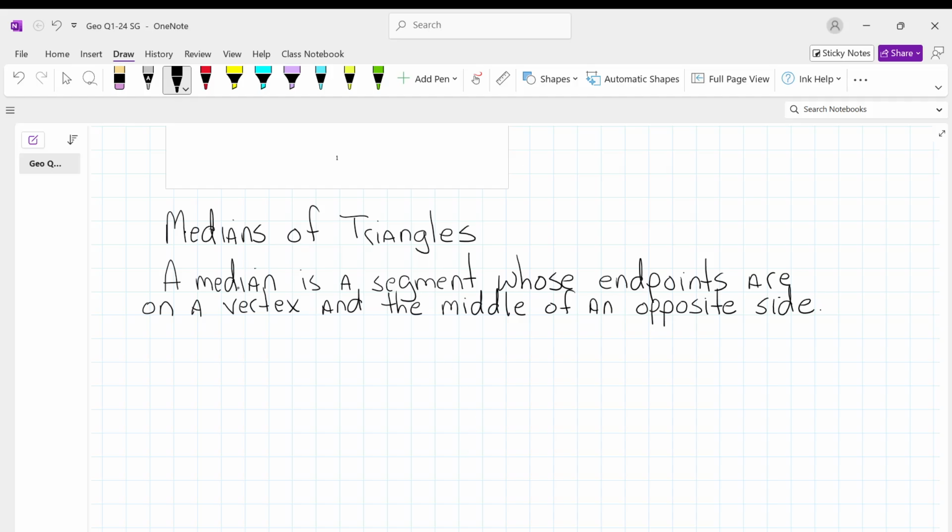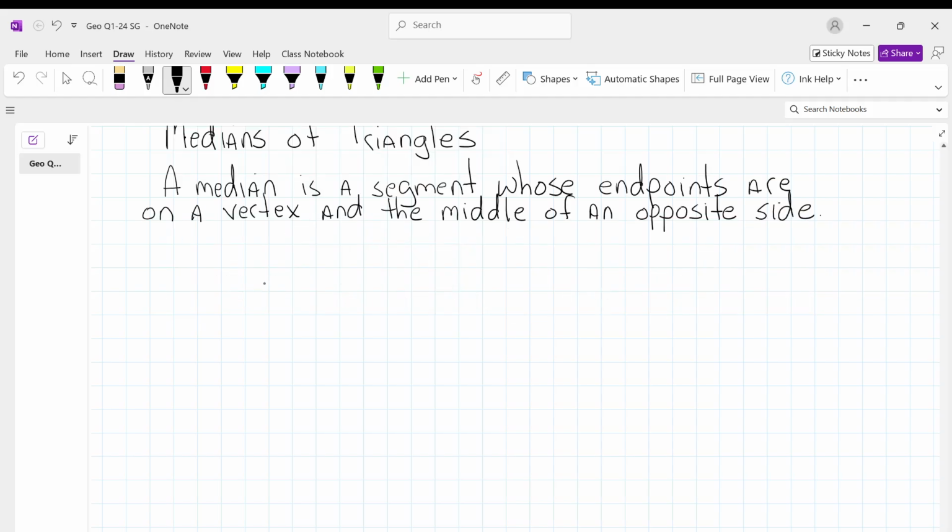So a median of a triangle is a segment. It sits on a vertex and the middle of an opposite side. So if we draw a triangle and label it ABC, and then we take a segment that has endpoints on a vertex, so vertex C, and the middle of an opposite side.